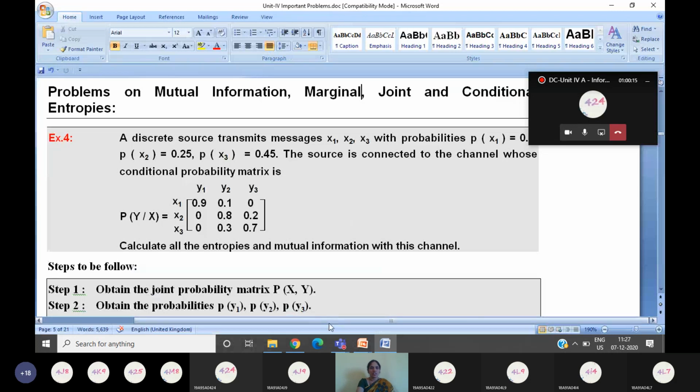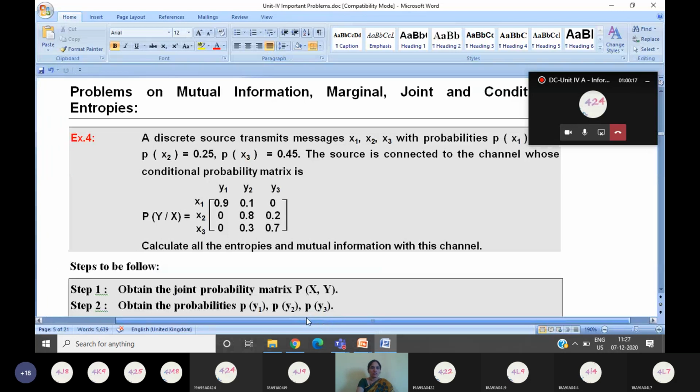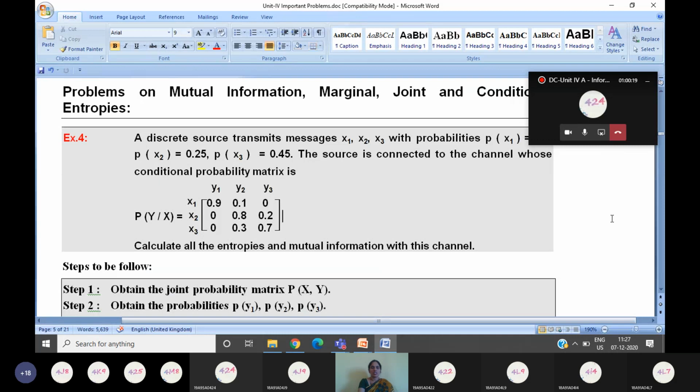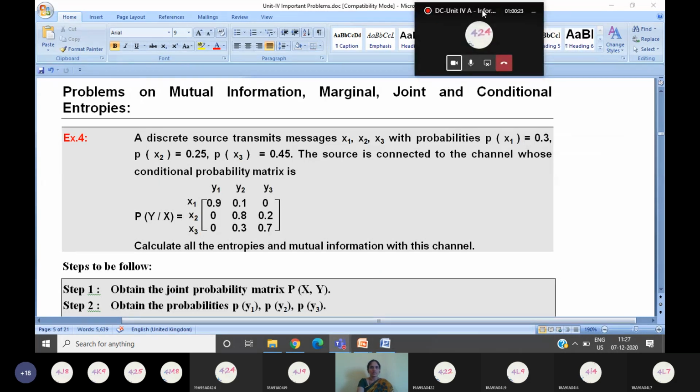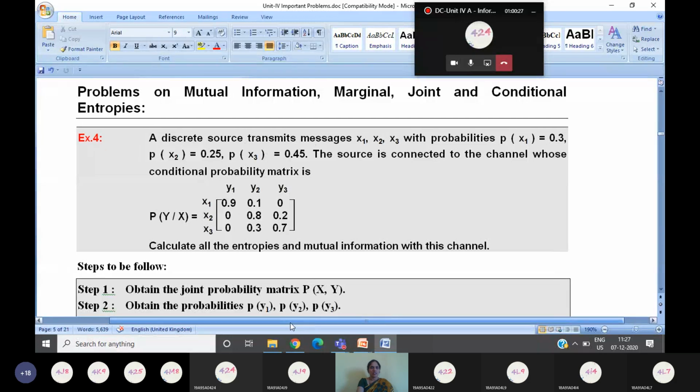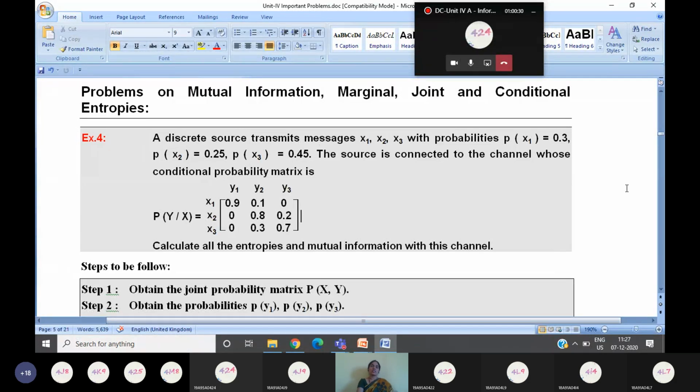So this is the fourth example, which you can see here. You can observe that this problem is based on mutual information, marginal entropies, joint and conditional entropies. Now, you will get this kind of problems.